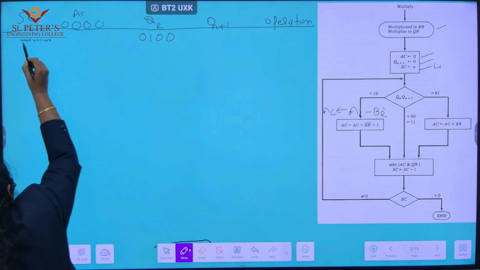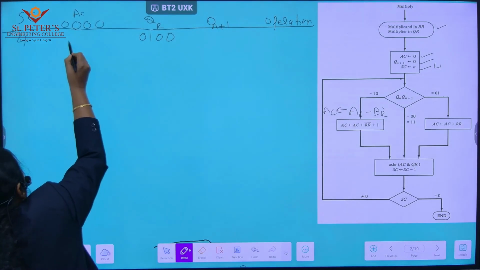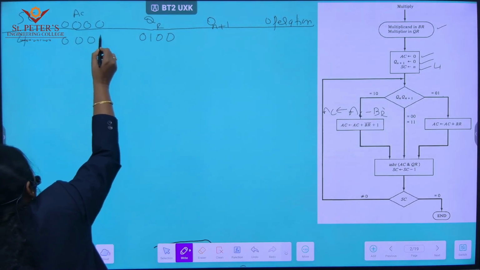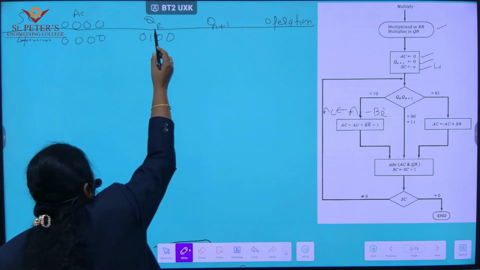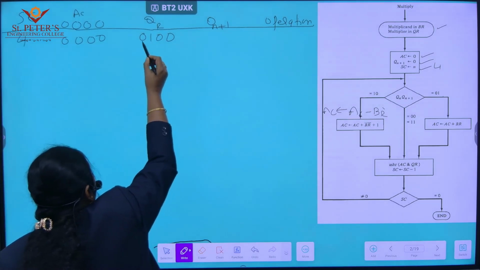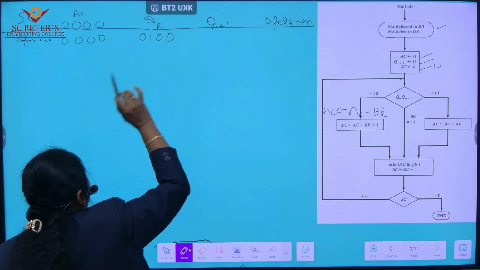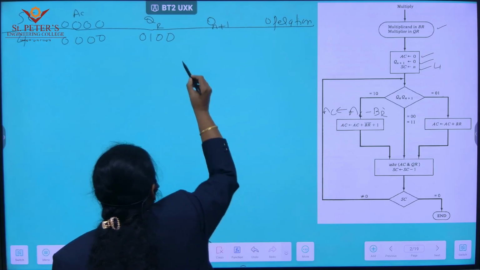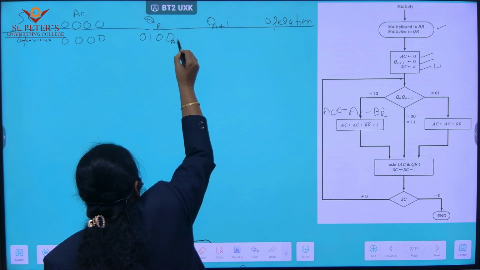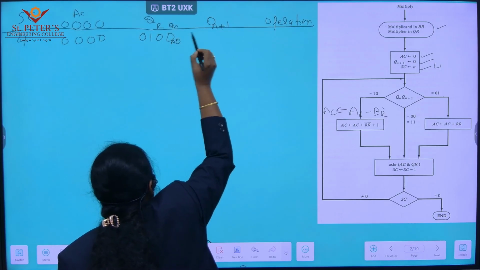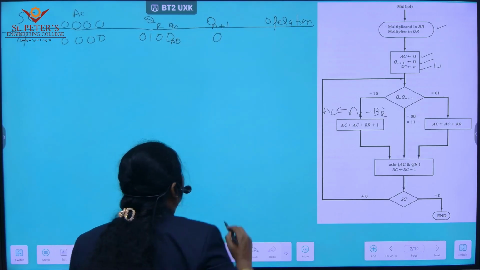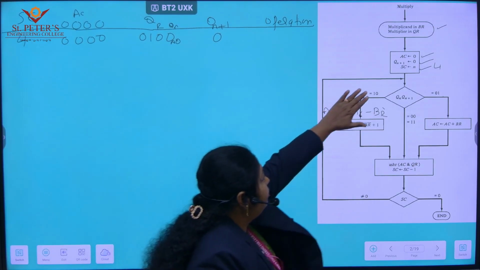First, our sequence counter is 4. The accumulator values are all zeros, and the register Q contains the 4 bits 0, 1, 0, 0. Here this place is the Qn place, and Qn plus 1 is initialized with 0. First step is done.